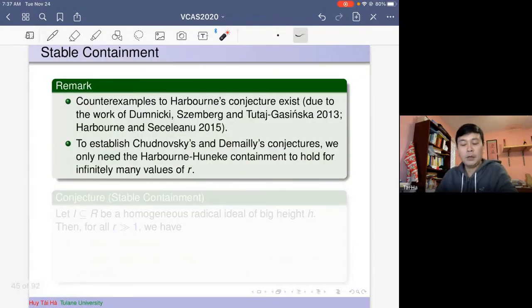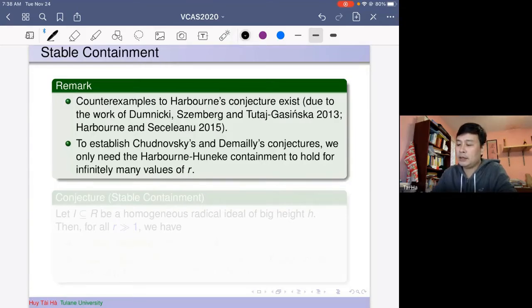Okay, the bad news is counterexamples to Harbourne's conjecture exist, first from the work of Dumnicki, Szemberg, and Tutaj-Gasińska, and then Harbourne and Seceleanu, and since then there are various different papers giving various different counterexamples to Harbourne's conjecture. Let me also mention that the simplest situation for Harbourne's conjecture is when the ideal is of big height 2 and the value r is 2.